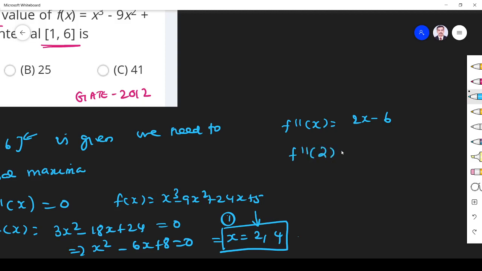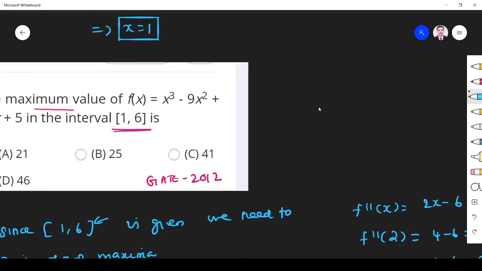So f double dash of 2 gives 12 minus 18, that is minus 6. F double dash of 4 gives 24 minus 18, that is 6. Since it is less than 0, it gives maxima. Since it is greater than 0, it will give minima.